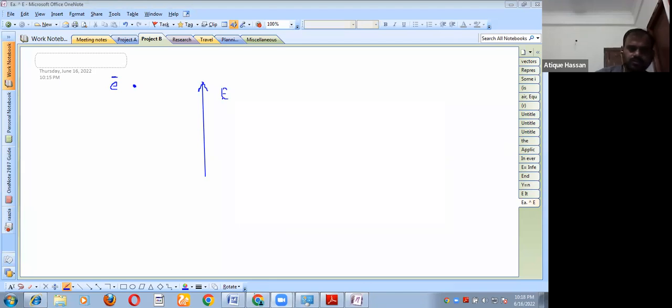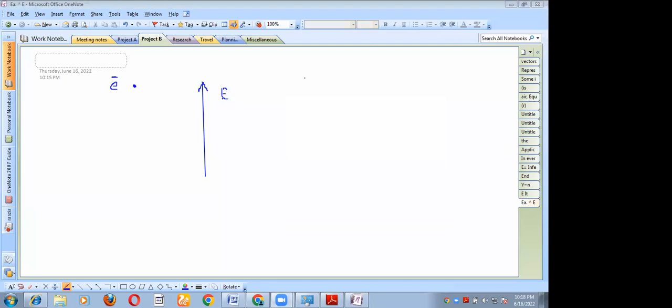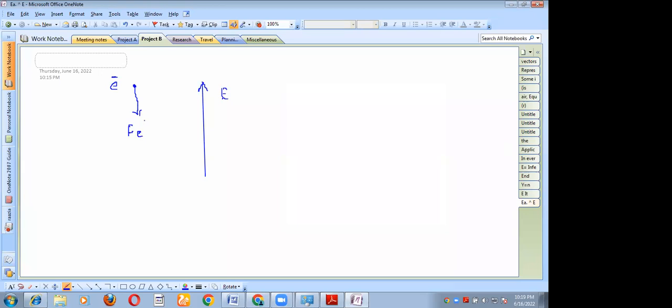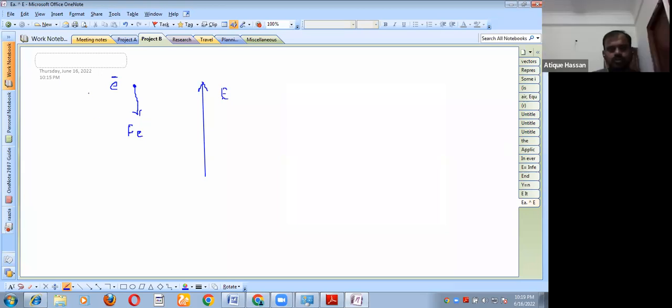Mamuna, will it be downward or upward? The force of the electric field on an electron will always be opposite to the electric field, right? So the force on the electron will be in the downward direction. Correct? Yes. So due to the force, the electron will move downward.